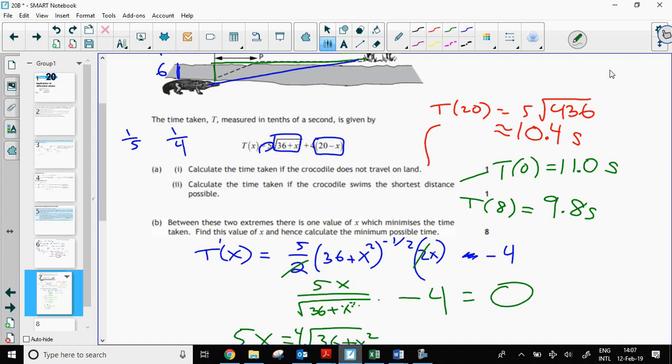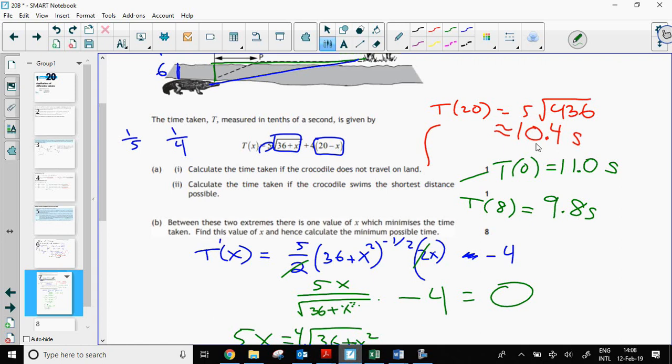Now, clearly in this case, that is the minimum time because it's the only place where the derivative is equal to 0. It's the only place where the derivative could not exist. There's no way that I was going to divide by 0 down here. So clearly, by comparing 9.8 with the two endpoints, which we already did earlier in this problem, 9.8 is obviously the minimum.